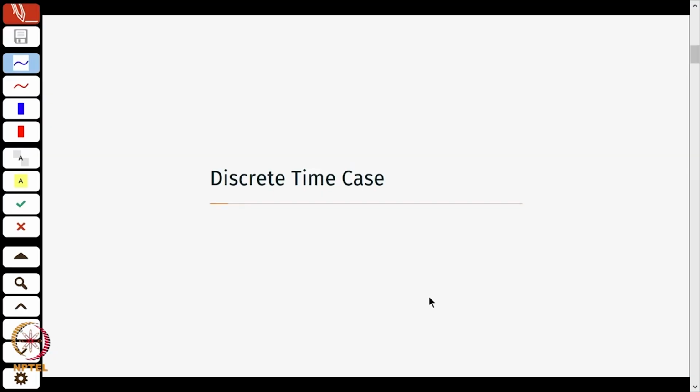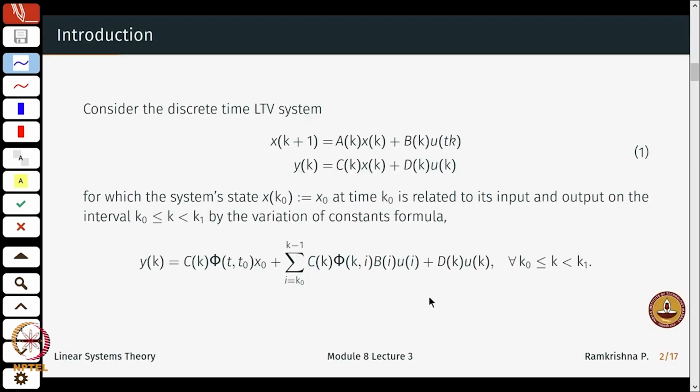Okay. So we start with discrete time systems. The discrete time case looks pretty similar. So I have x of k plus 1 is A of k, x of k, plus B of k, u of k, and so on. Similarly for the output. Again, the way we construct the solutions is via the variation of constants formula by defining the discrete time state transition matrix.